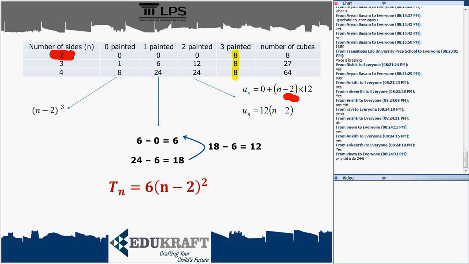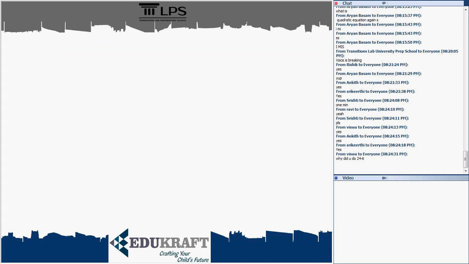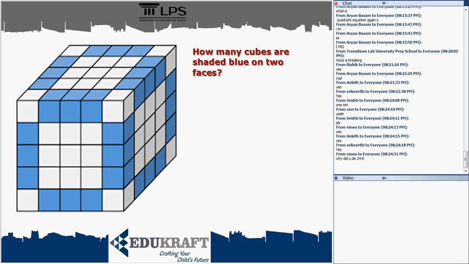General expressions. Shaded blue on 2 faces. Use the formula and get the answer quickly.